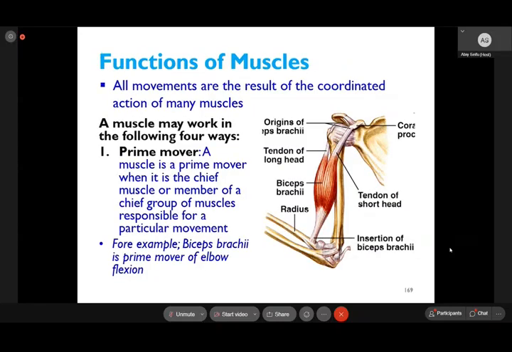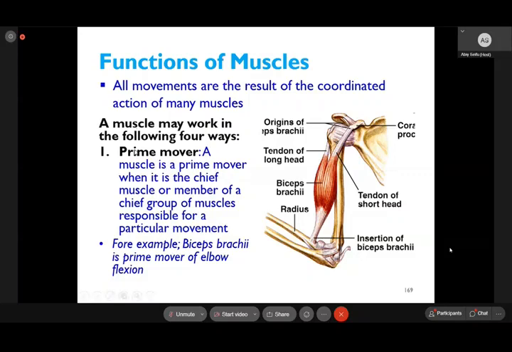Now let's see the functions of muscles. Muscles most of the time work by contraction, but a muscle may contract in the following ways. For instance, it may be a primary mover.